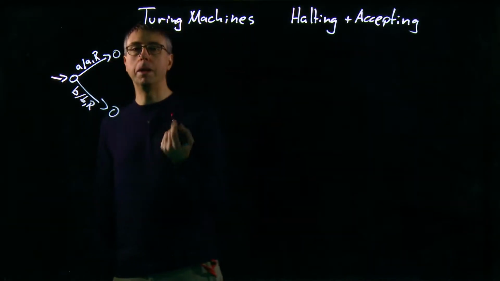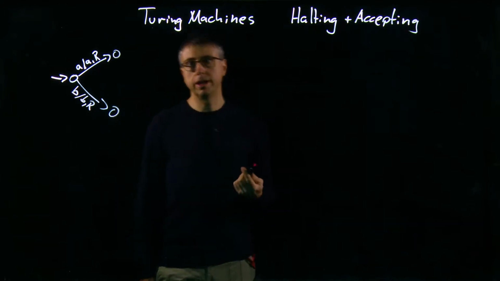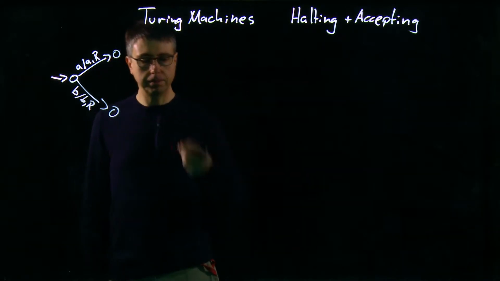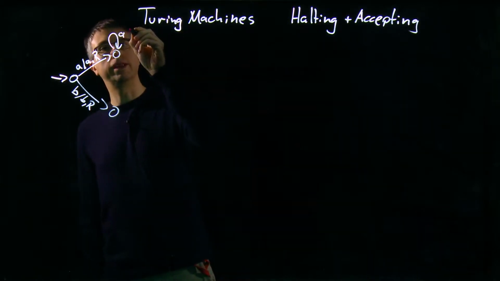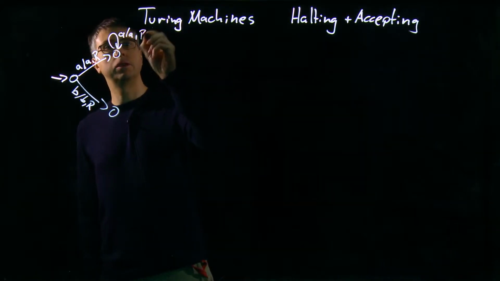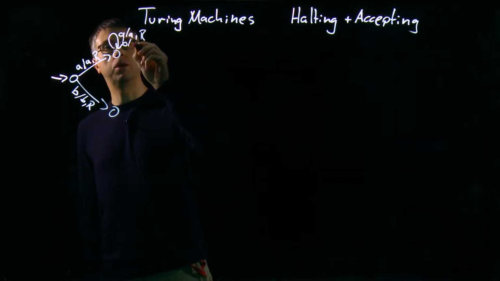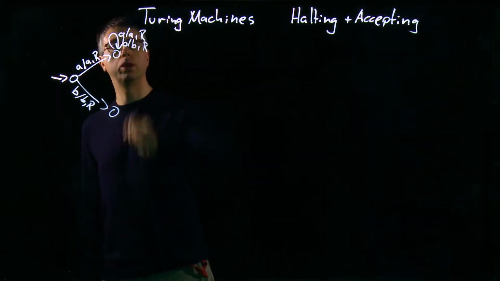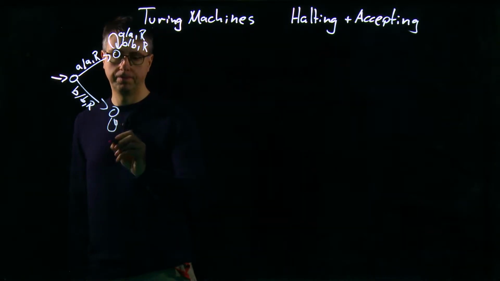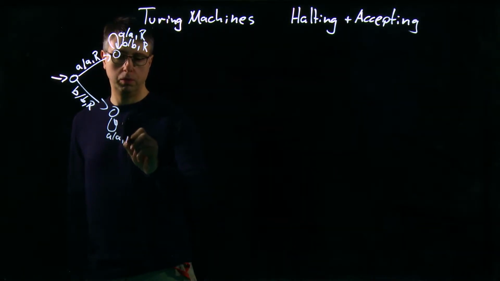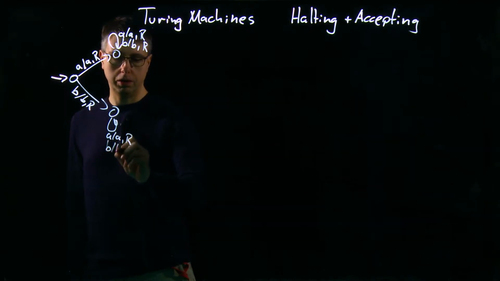Now we have memorized in the state the first letter we've read, and then we keep on and we just skip all the letters that we might have. So we go to the right, skip all A's and all B's. We do not change anything on the tape. And the same here. So we don't care what might be on the tape.